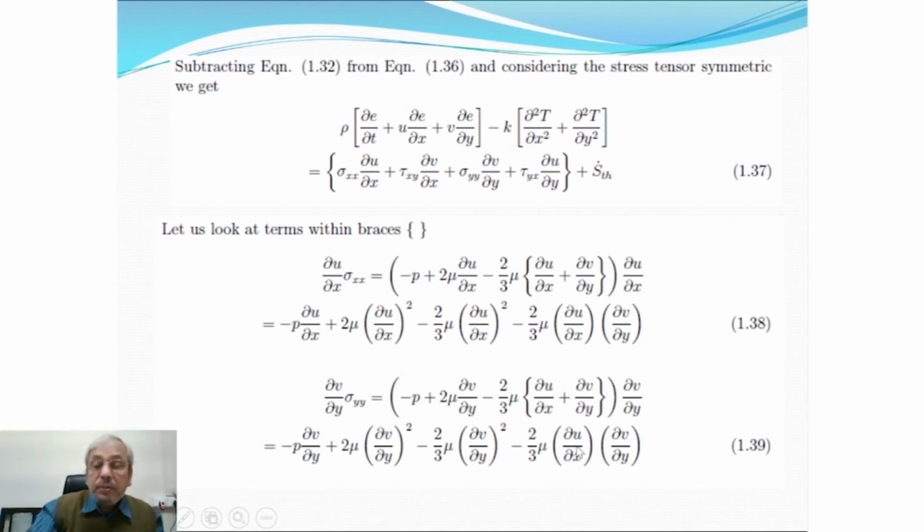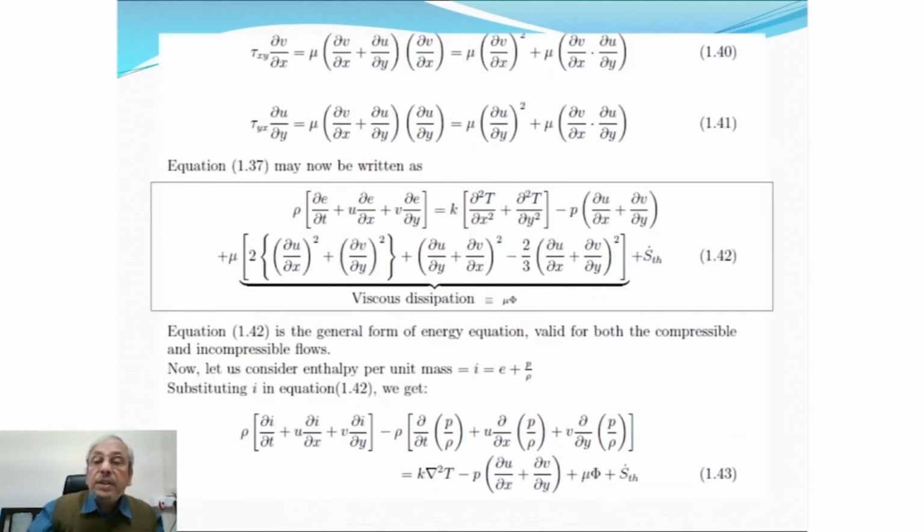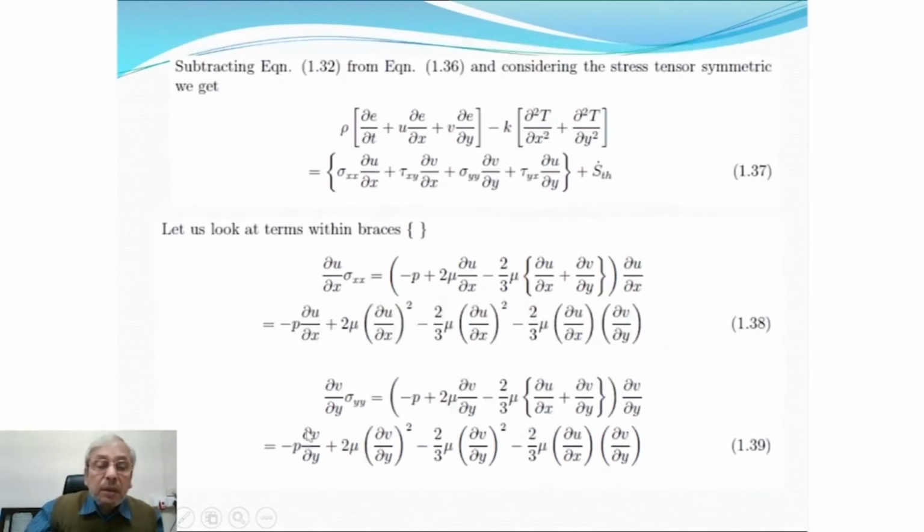So these 12 terms we rearrange and we can write minus p into del u del x plus del v del y, plus mu into this. Minus p del u del x and del v del y we collect from here. These two terms do not have viscosity component, are not multiplied by viscosity.